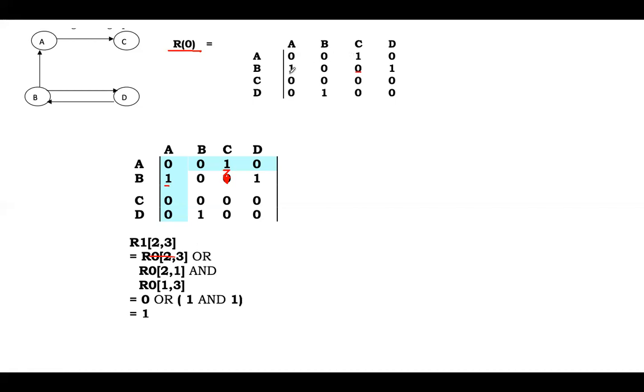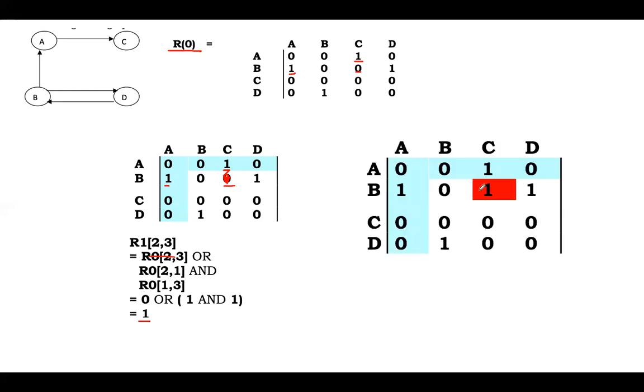R0 of 2, 1 is 1 and R0 of 1, 3 is 1. So 0 OR (1 AND 1) will become 1. R1 of 2, 3 will become 1.